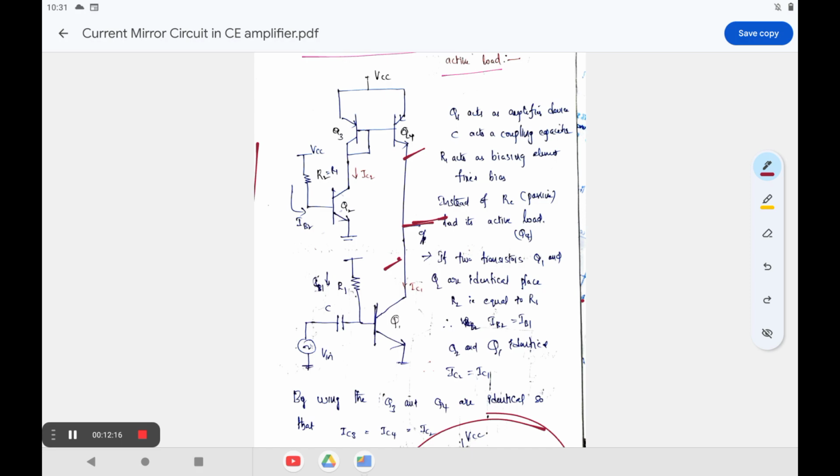Suppose you want to carry out the small signal analysis. Obviously, this capacitor can be short circuited. Whatever the voltage sources, maybe VDD, the DC voltages can be short circuited and the current sources can be open circuited.